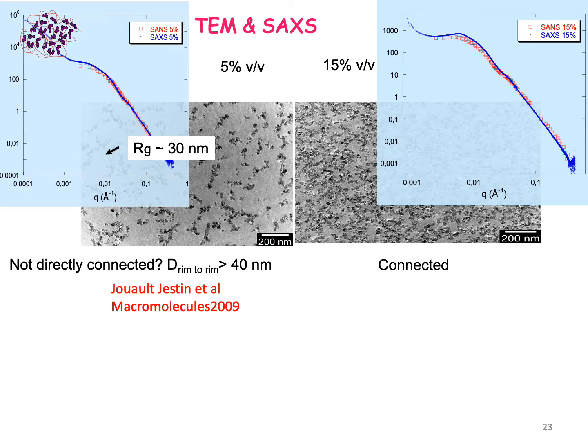Maybe you were surprised, but this is the first time I show you something else than some scattering curves. Actually, these are transmission electron microscopy pictures, and I can also show you the corresponding small angle X-ray scattering, because there is a contrast between the nanoparticles and the polymer, and it is possible to model the curves.